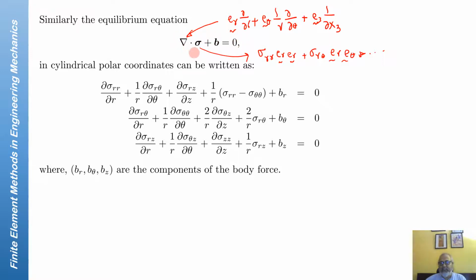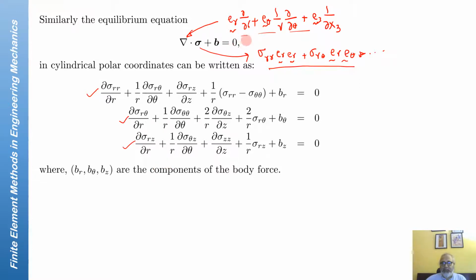We do a divergence operation with this operator and the stress, and then I get the 3 equations of motion for quasi-statics in the cylindrical polar coordinate system.